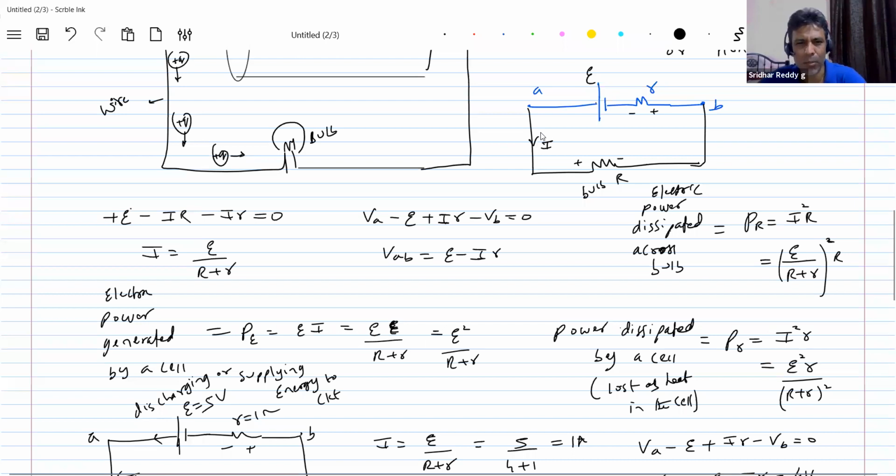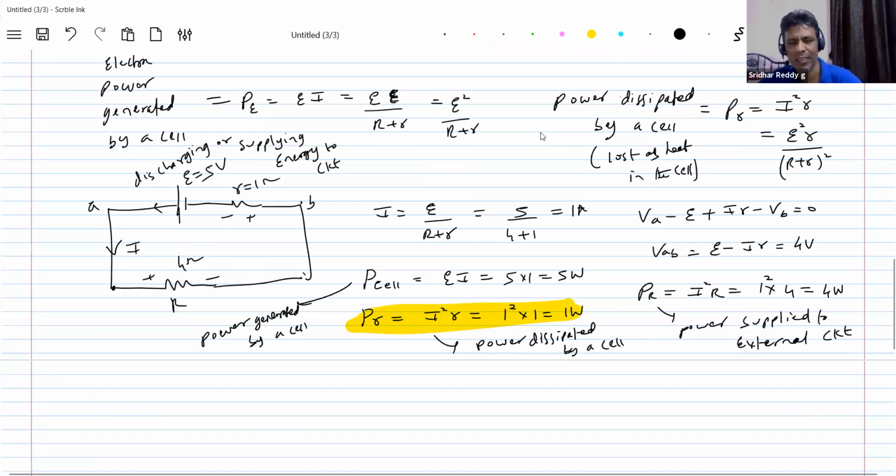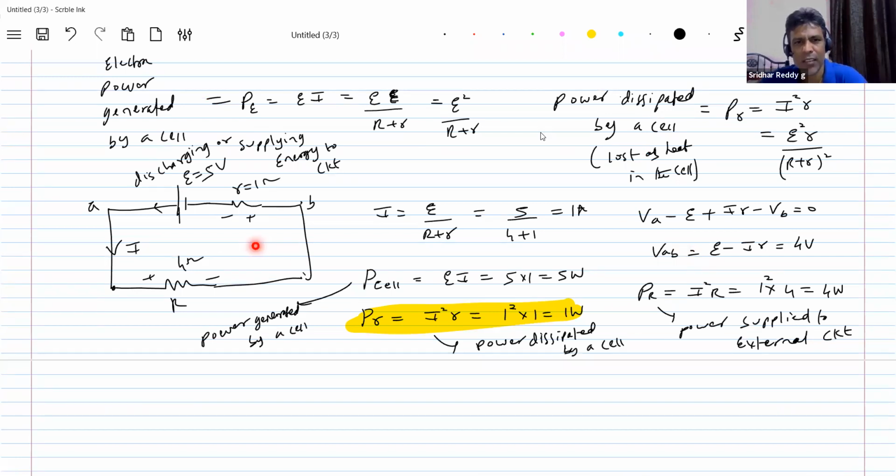The numericals I discussed will be of this kind. Now look at the terminal voltage. When it's discharging, the terminal voltage will be less than the applied EMF. Now we have a mobile. Inside the mobile, the battery can also be called a cell.